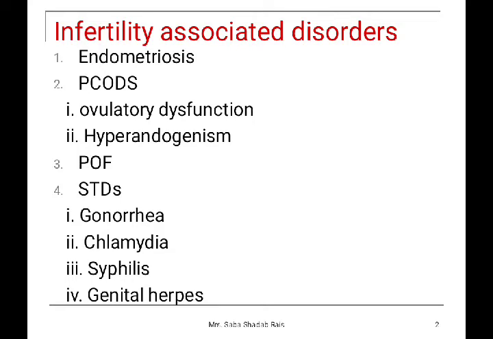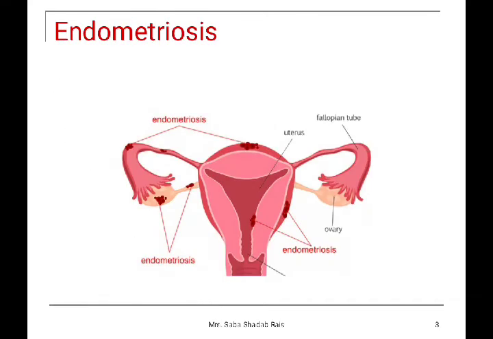In that, sorry, PCOD may be two problems we will discuss. Then premature ovarian failure, then sexually transmitted disease or infection, you can say. So we will discuss one by one. The first problem is a very painful problem, that is endometriosis.